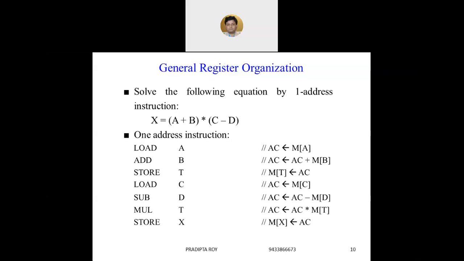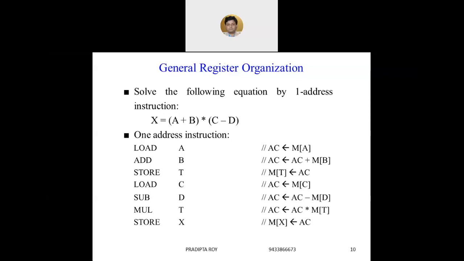The accumulator will take part in each and every arithmetical and logical operation. So first, with the load A instruction, we can load the content of A memory location to the accumulator. Then we can use the add B instruction to add the content of B memory location with the accumulator, and the result is stored back in the accumulator.